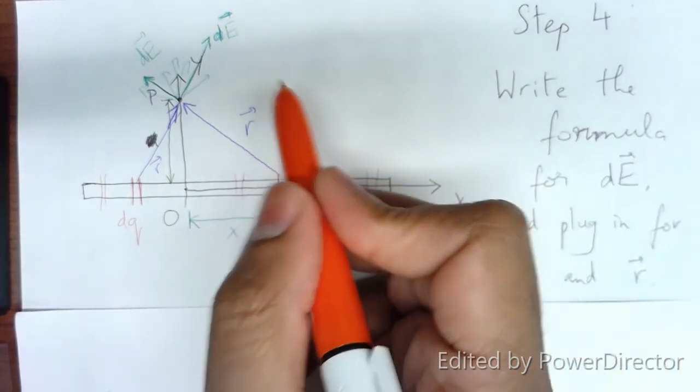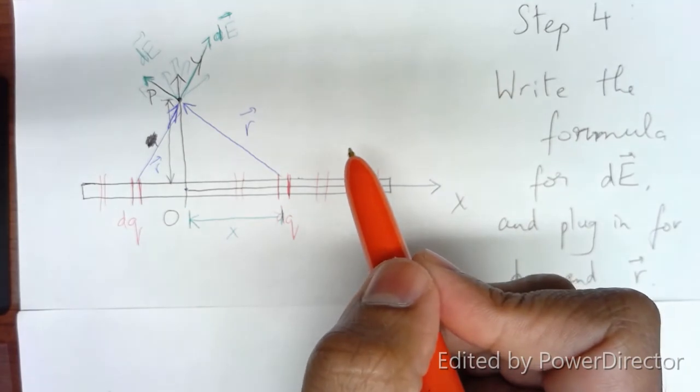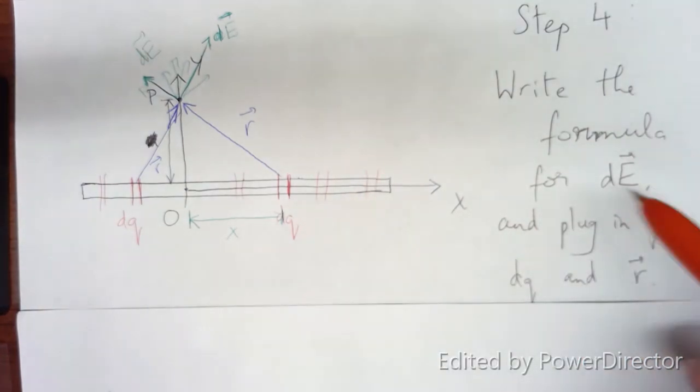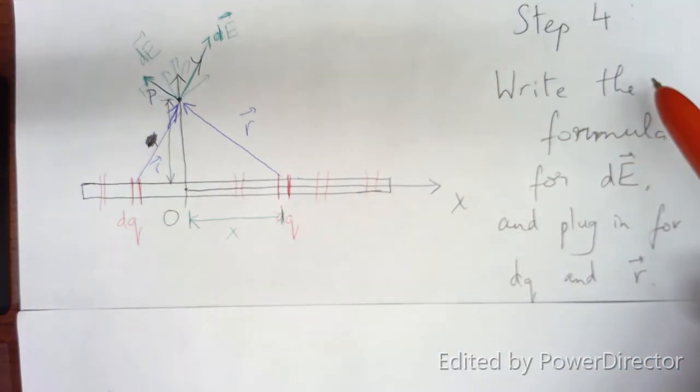Right, so that is what is physically underlying this mathematical process. So I just wanted to remind you of that, but for now the step is write the formula for dE and plug in for dq and r.